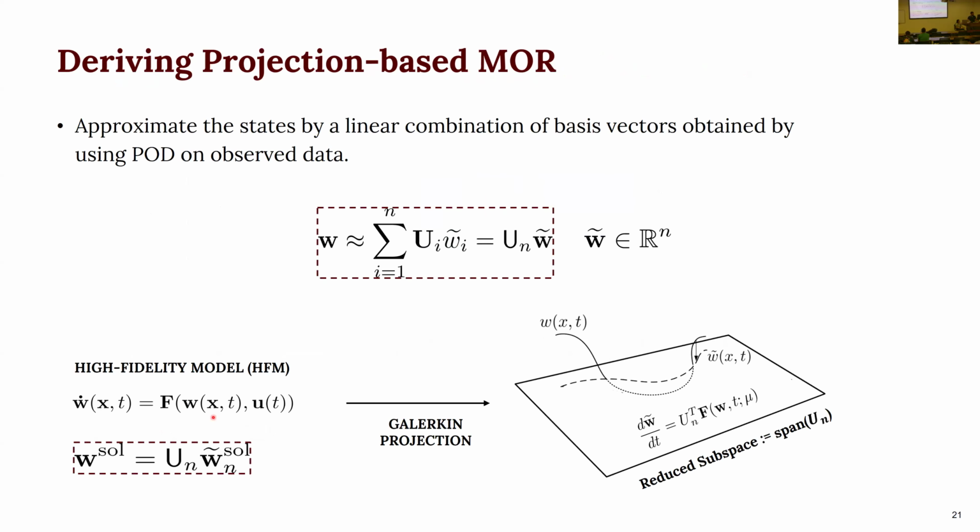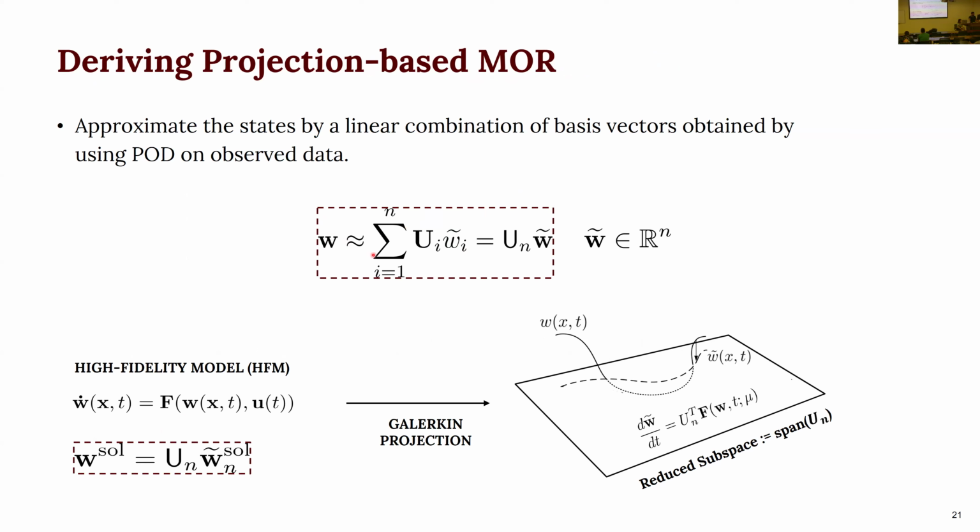As I was saying, once we have identified the subspace, we assume that our approximate solution W of the high dimensional model can be expressed as a linear combination of the n dimensional basis vectors.